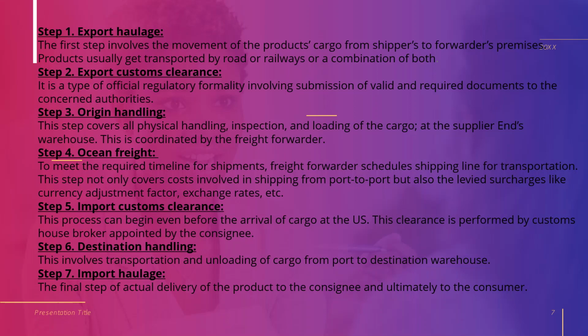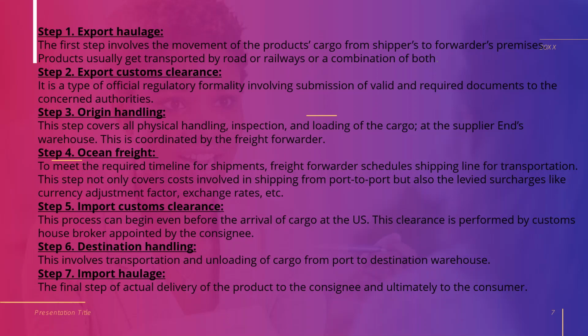Shipping company means the company carrying the cargo, taking it into their ship. This step not only covers costs involved in shipping from one port to another port, but there may be other taxes, everything that is also covered in this step.